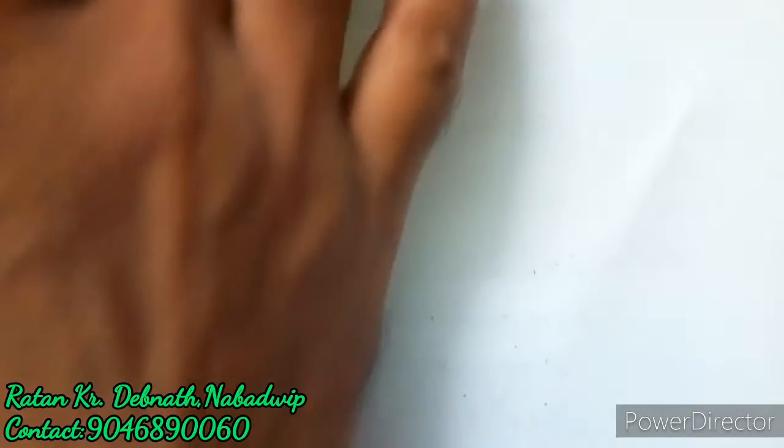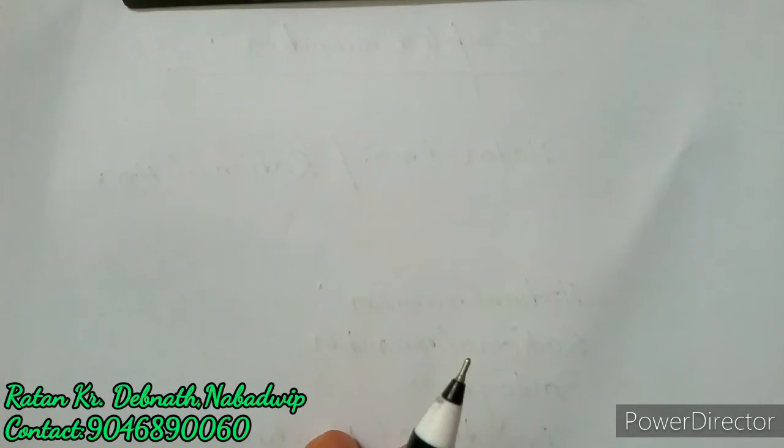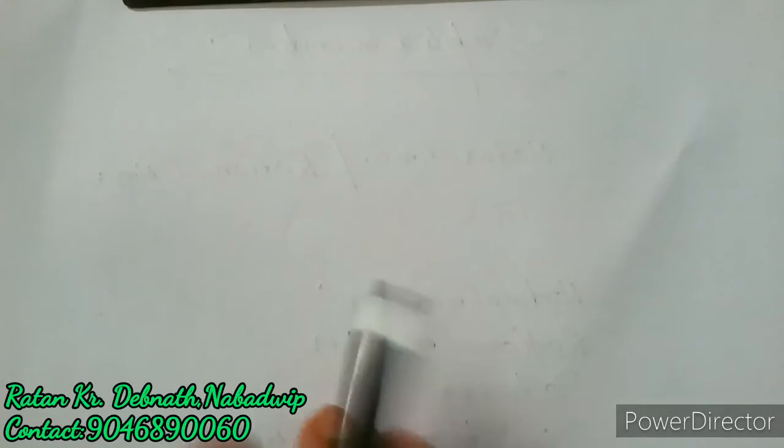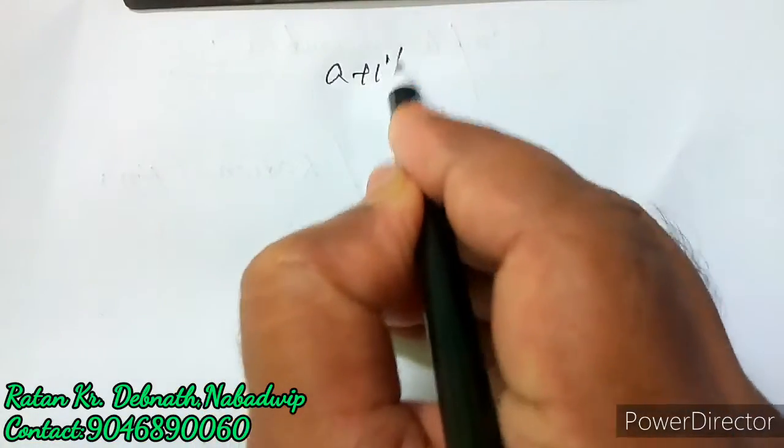By giving some simple examples, I will finish my class today so that you can solve problems in this topic. The question says, express the complex number in a plus ib form.